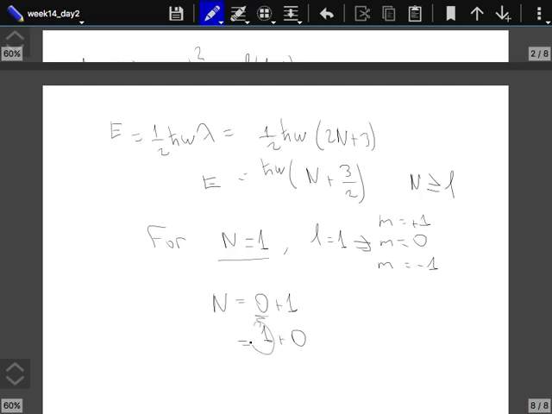But this is not an even number. Hence this solution is not possible, and so the only solution has L equal to 1, which gives us this threefold degeneracy. The other case, capital N equal to 1 with L equal to 0, there is no such solution.